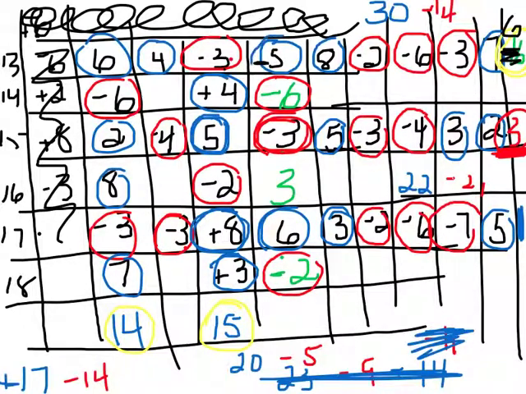Let's do that again. -5 and -6 is -11. And -11 and -3 is -14. And -14 and -2 is -16. But then on the positives there, it's just 3 plus 6. Those are the only positives. So it's 9 minus 16 is a -7, right?